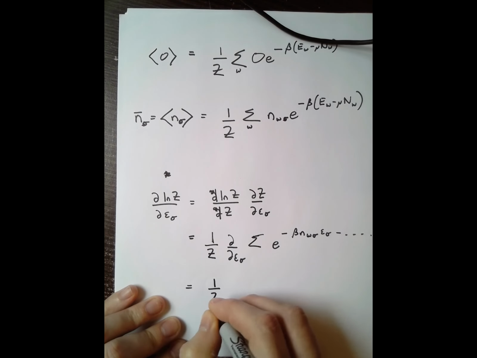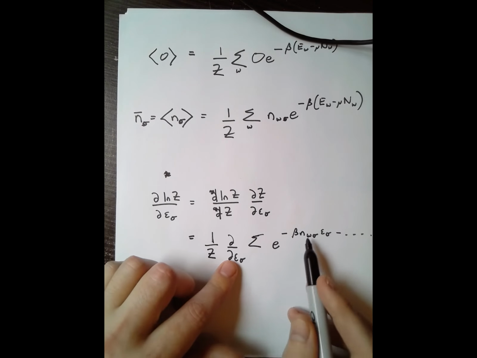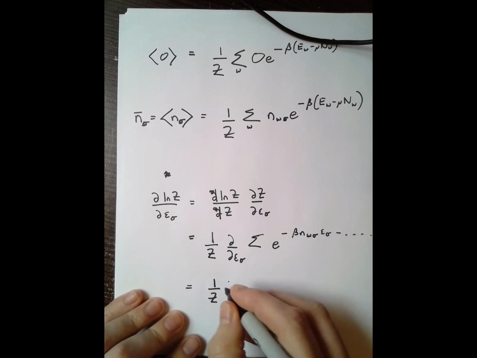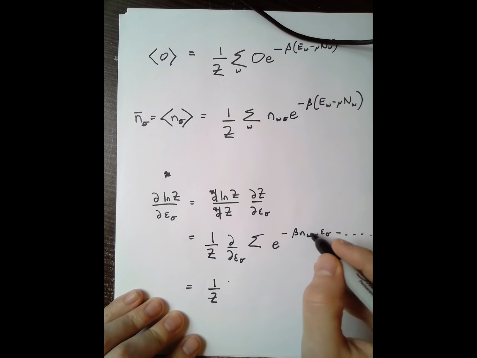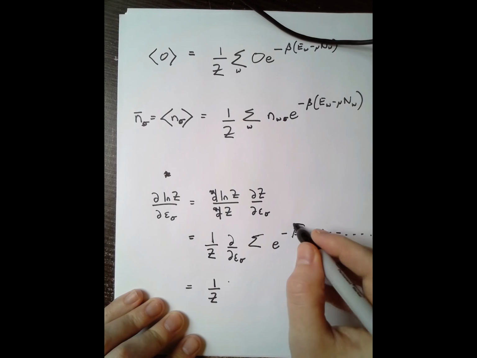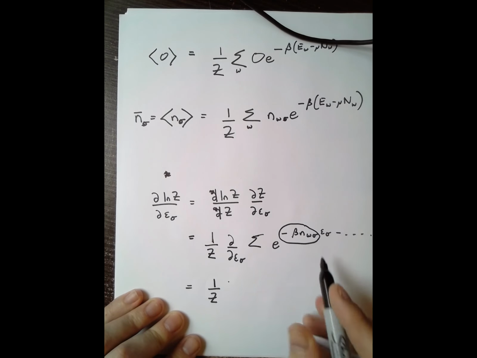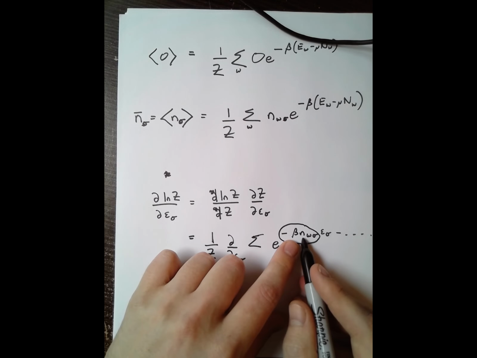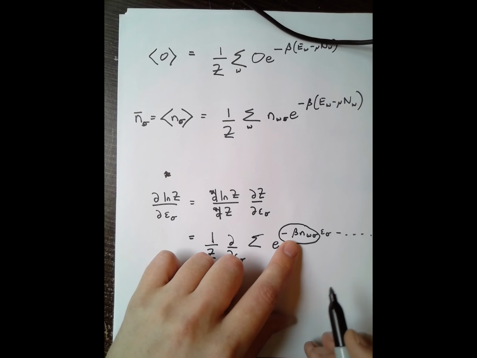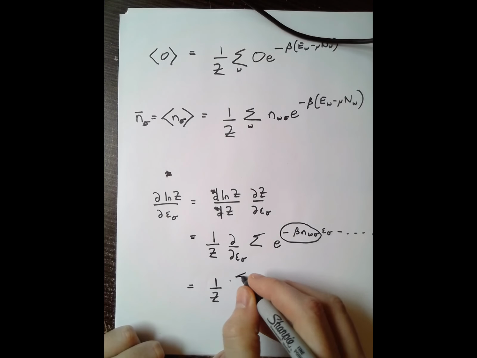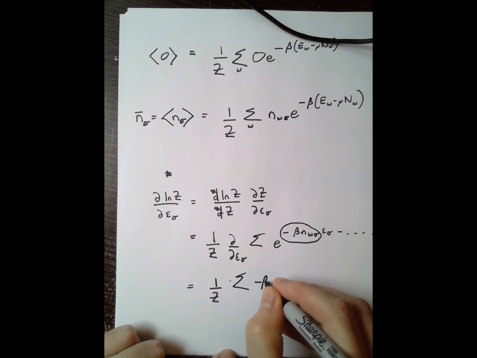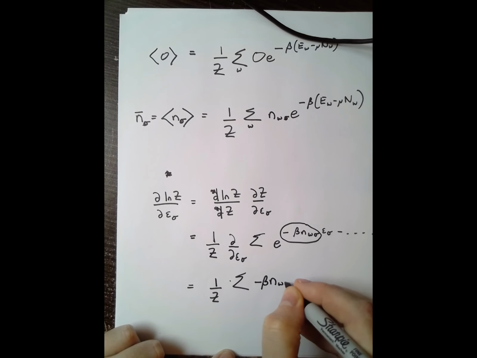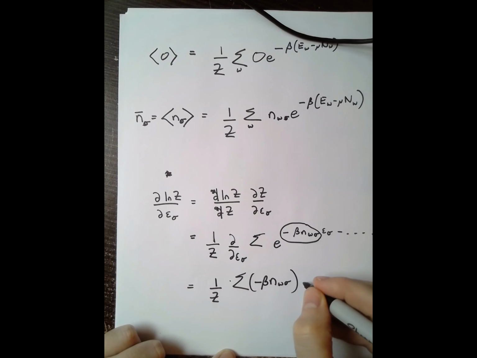So this is equal to 1 over z. If we differentiate this, all we get is the same set of stuff, but the differential just pulls out the factors that multiply epsilon sigma. So we get the sum, we've got minus beta nw sigma times e to the blah, blah, blah.